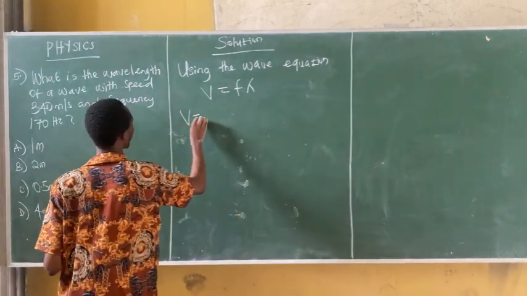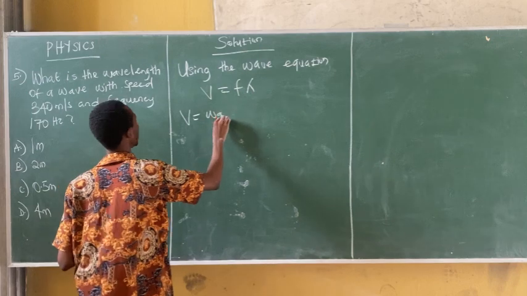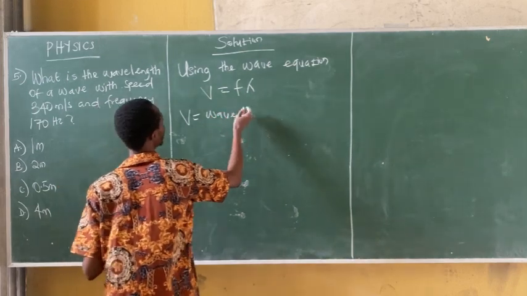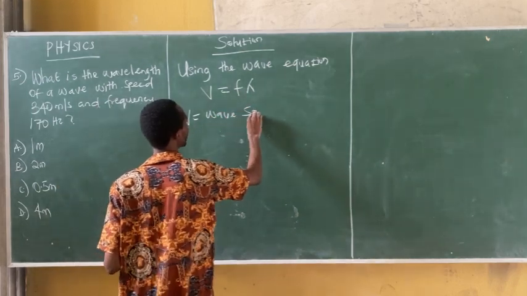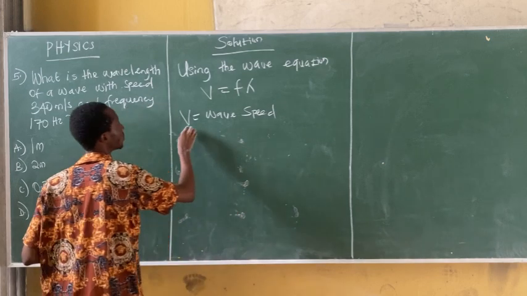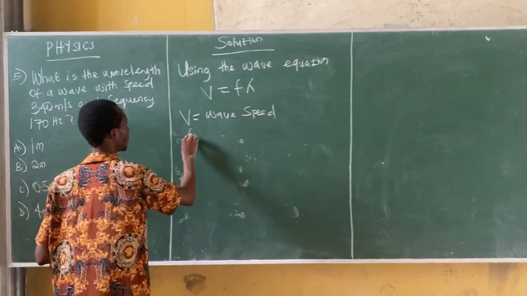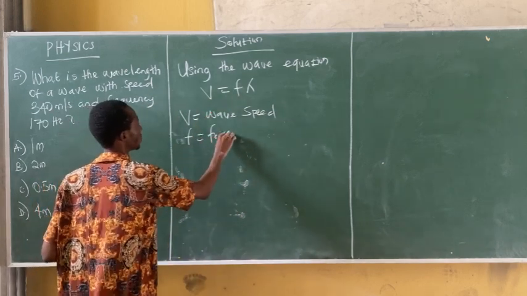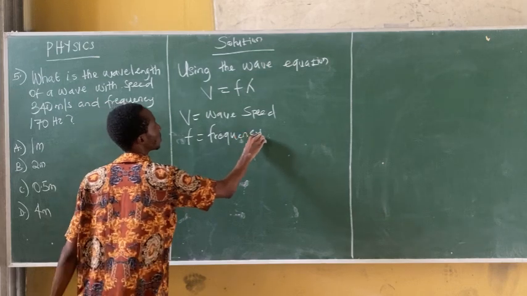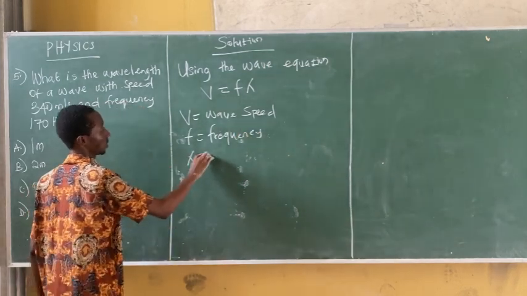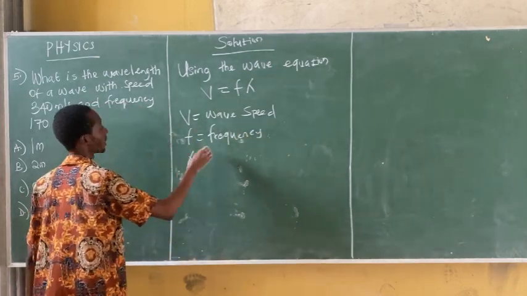So V is the wave speed or velocity, f here is the frequency, and lambda is given as the wavelength.